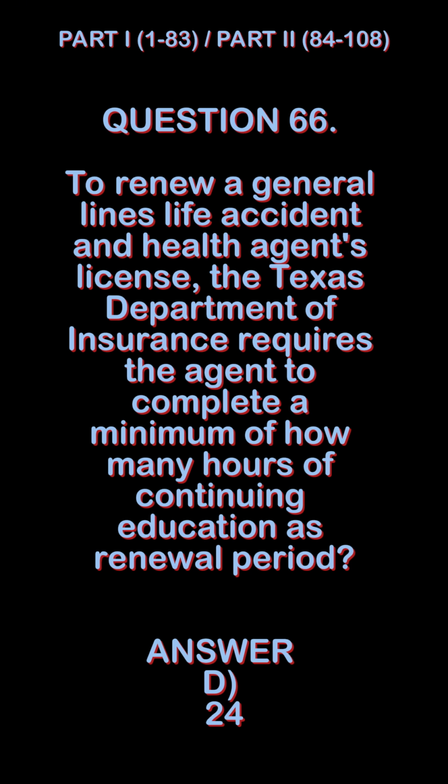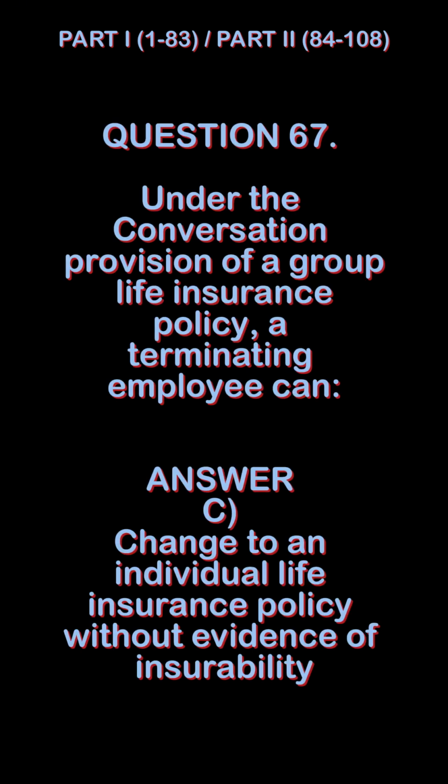Answer: D. 24. Question 67. Under the conversion provision of a group life insurance policy, a terminating employee can. Answer: C. Change to an individual life insurance policy without evidence of insurability.